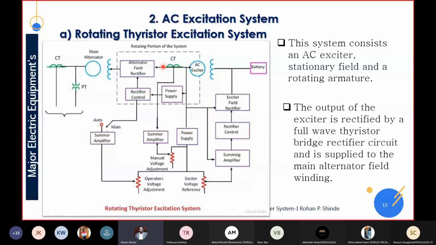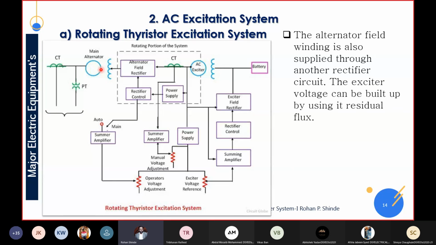See here, this is the AC exciter, so the output of this AC exciter is rectified by the full wave bridge rectifier circuit, and finally this output will be fed towards the main alternator.